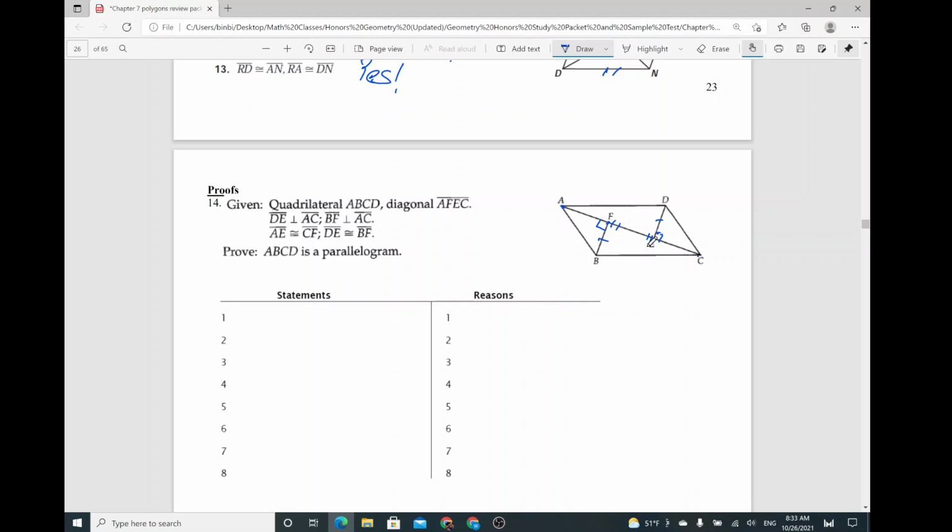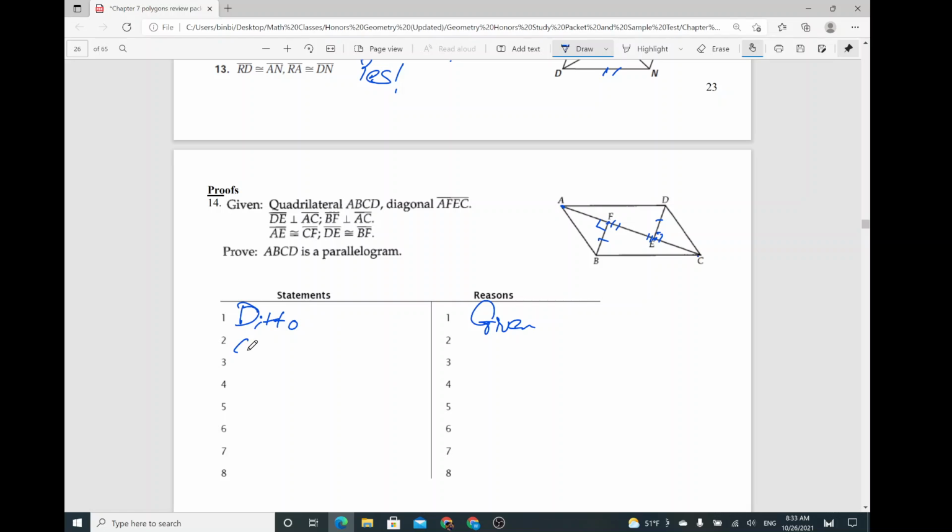Okay, so in order to prove that it's a parallelogram, we start with the given. Since we know that DE is perpendicular to AC and BF is perpendicular to AC, I just put in ditto from the given statement.